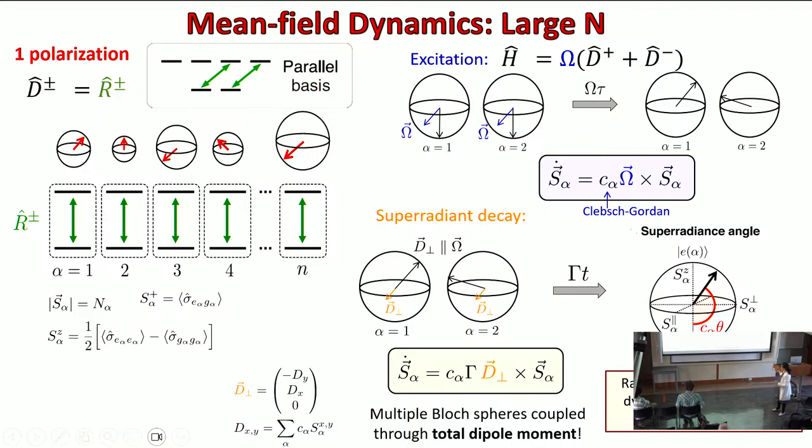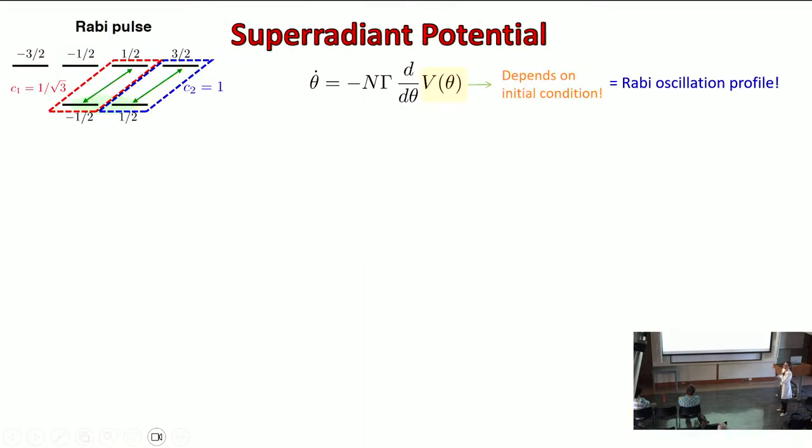And the advantage is that because the dynamics in each of the Bloch spheres is exactly the same up to this Clebsch-Gordan coefficient, the angle of the rotation is just scaled by C alpha, and we can have a unique equation for the angle theta that is common for each of the Bloch spheres. So that means that the complicated process of superradiance reduces to a simple equation of a classical particle moving in an extremely viscous medium.